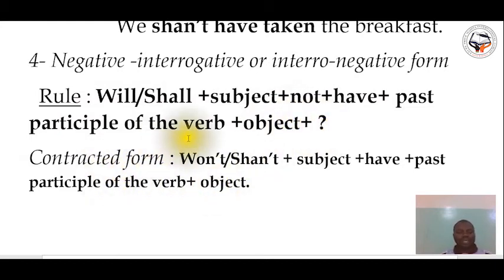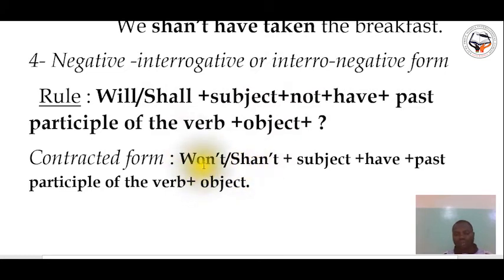So here is the contracted form of the rule of the negative interrogative. As we saw the contracted form a few minutes ago, will and not put together gives won't, and shall and not put together gives shan't.